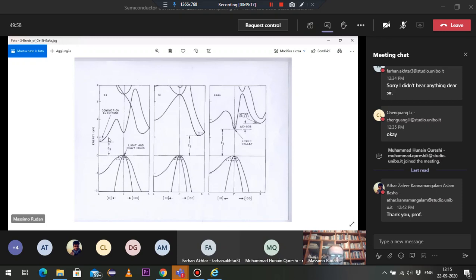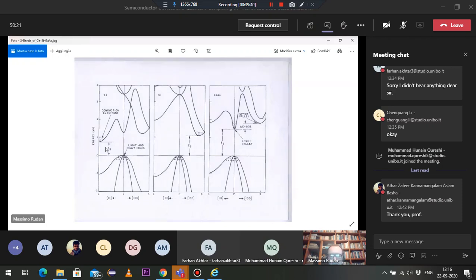And instead, germanium, whose gap is smaller, is referred to as a narrow gap semiconductor. Okay? The extension of the gap has an important effect on the electrical properties of the semiconductor.